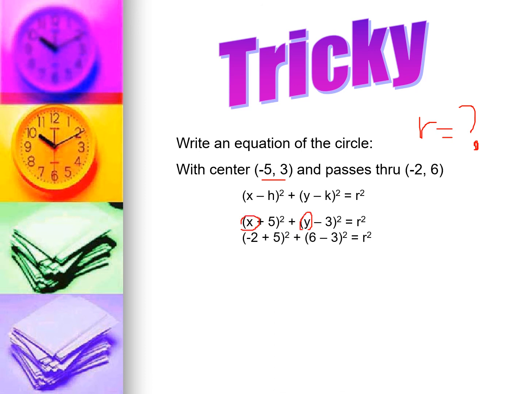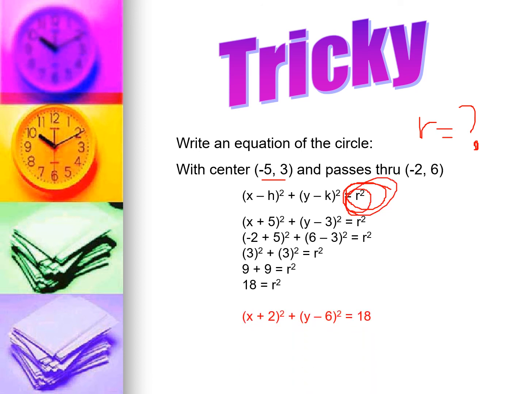Then go ahead and plug it in. And then you just have to simplify your equation a little bit. Do parentheses first. Square the 3's, get 9. Add the 9's together to get 18. And then from here, you actually do not have to square root to get the radius, just because if you're going to plug it into the formula anyways, the formula is asking for r squared. So there is our answer.